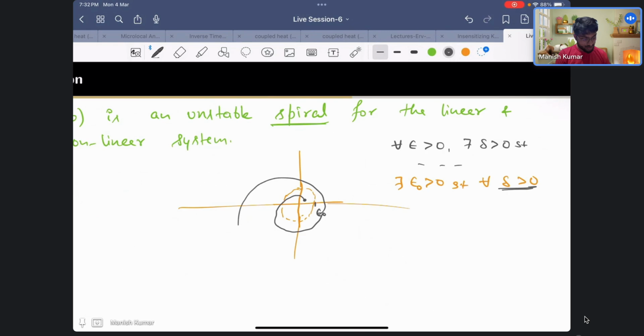And it goes in a spiral way. So if the solution starts from here, or from any point actually, it will never stay in a ball of some epsilon naught. Maybe it can stay in some other epsilon ball, but there exists one epsilon naught where the solution will not stay.